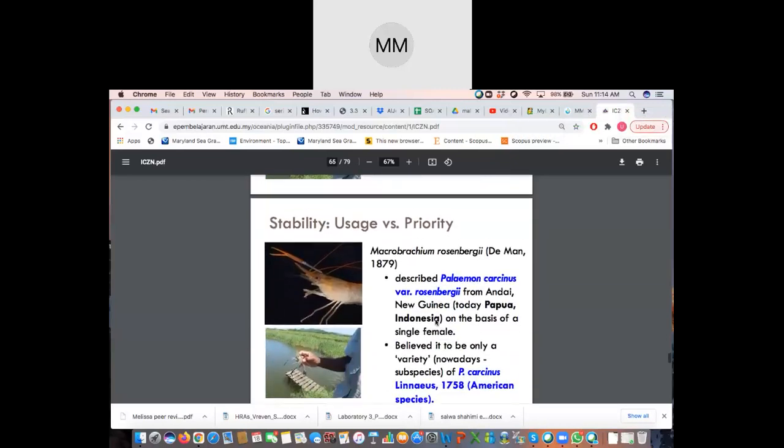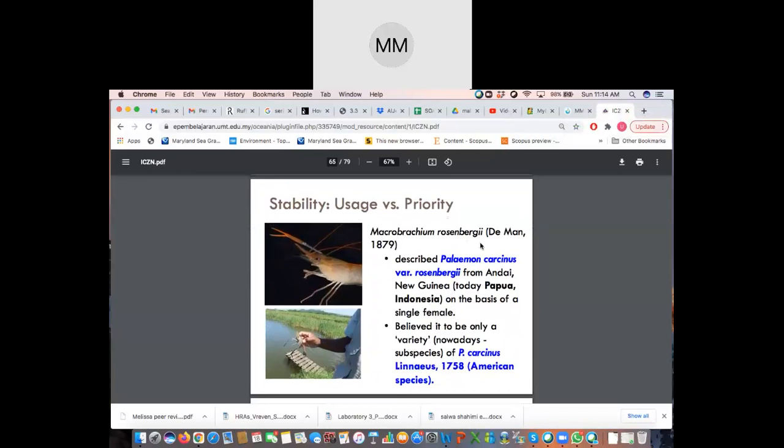Then coming to this, Macrobrachium rosenbergii de Man 1879, so now it was described as Palaemon carcinus, a variation of rosenbergii. So a variation is somewhat like treating it also like a subspecies, okay? From Andai in New Guinea, which is now considered Papua in Indonesia.